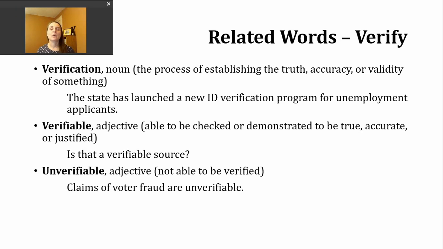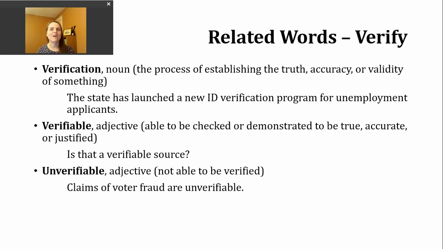Okay? So here in the United States, we know the pandemic has unfortunately caused so many people to lose their jobs, either temporarily or permanently. And many states have been overwhelmed with the number of applications for unemployment assistance.